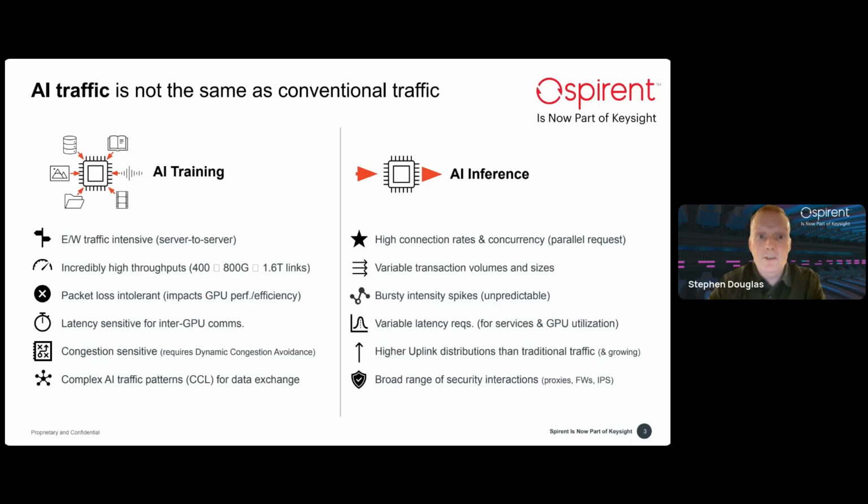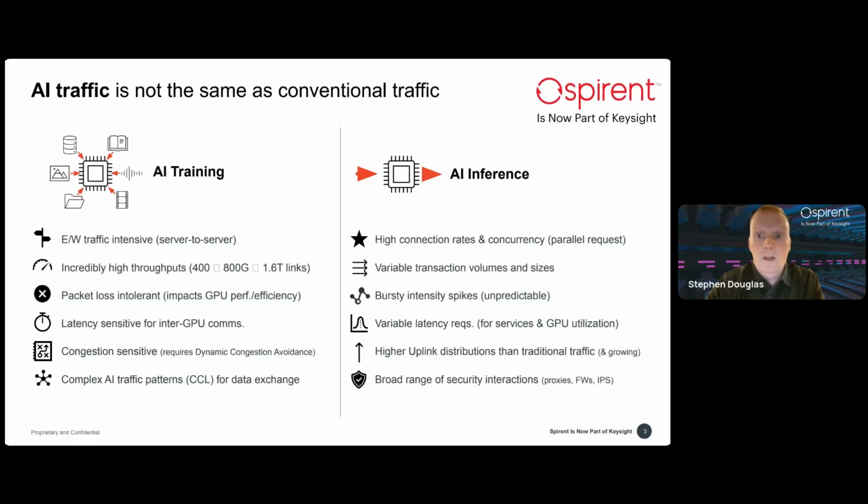In contrast, on the right-hand side, you have inference traffic, which requires high connection rates and concurrency because huge volumes of devices and applications are simultaneously querying the AI models in real time. That means the transaction volumes and sizes vary widely depending on the complexity of each request, leading to bursty and unpredictable intensity spikes. These workloads also experience variable latency due to the changing compute and network paths they have to go through.